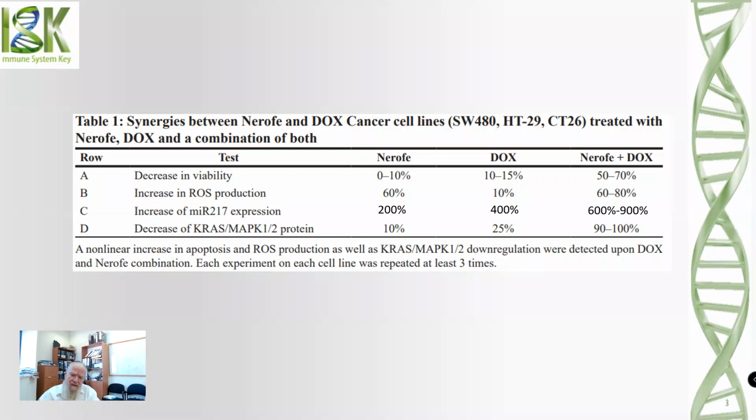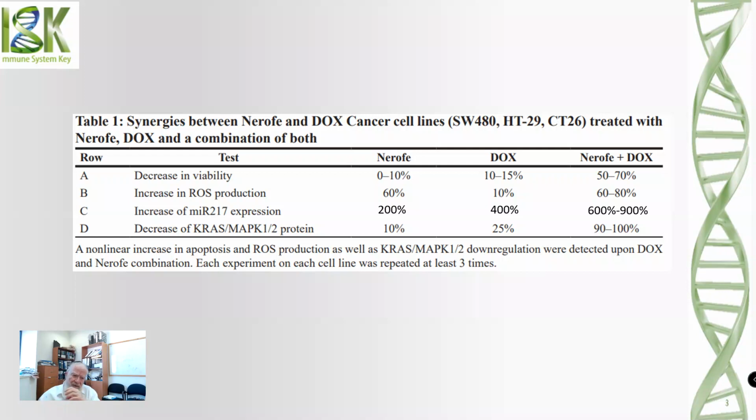When we tested this combination in vitro, we were able to show that if one introduced Nerofe to some cancer cells, we can see a decrease in viability to 10%, 15%, in some cases 20%. Doxorubicin in low doses, the same, 10 to 15%.